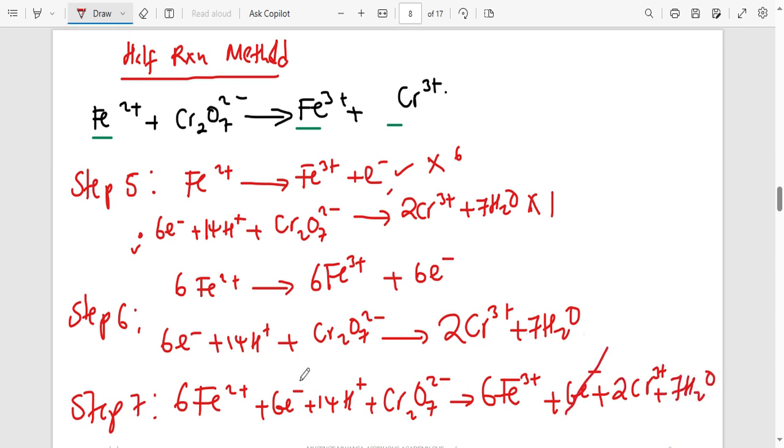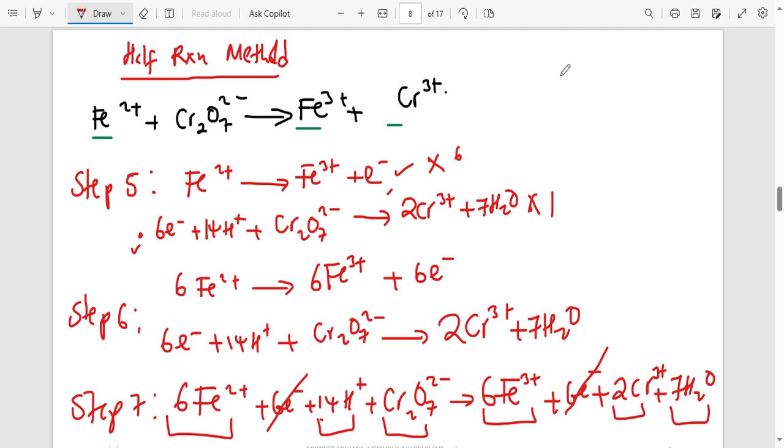So this will cancel with this. Okay, so now just write what remains. That is going to be a balanced reaction. This plus this is equal to this, and that.